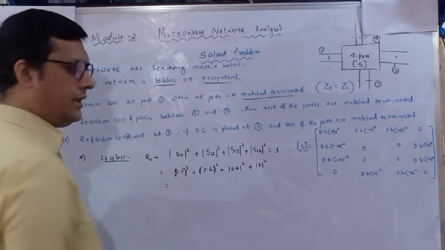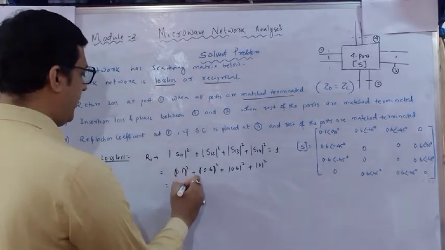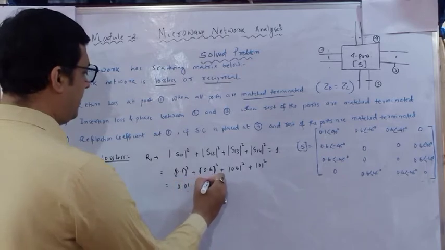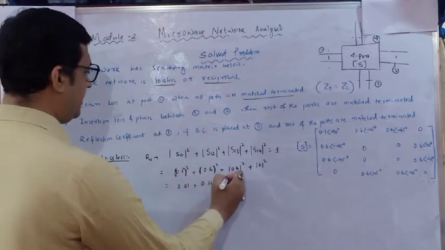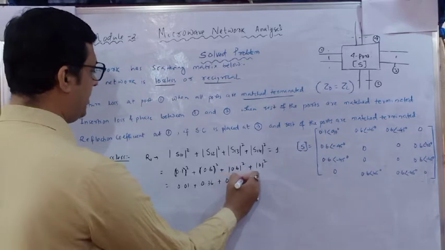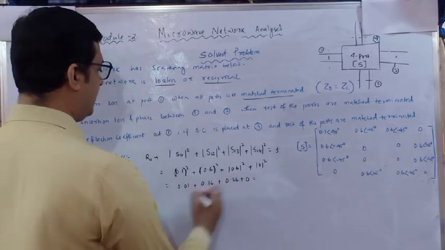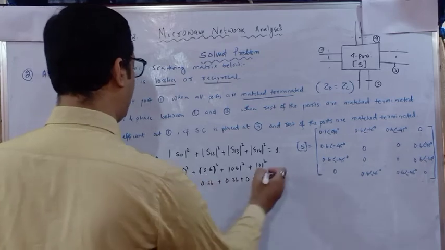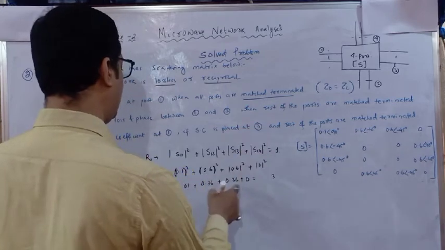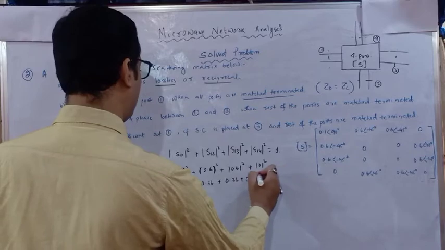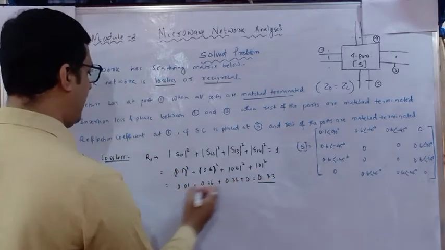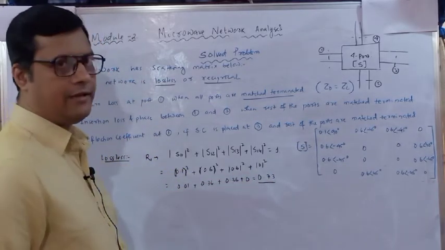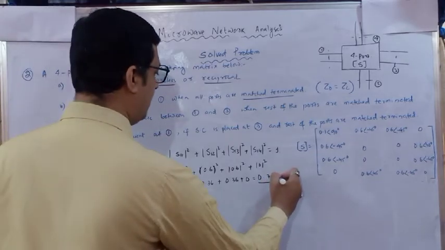Solving this, I get 0.01 plus 0.36 plus 0.36 plus 0, so near about the total value we are getting is 0.73, which is not equal to 1.